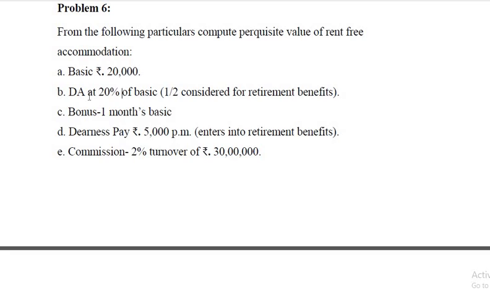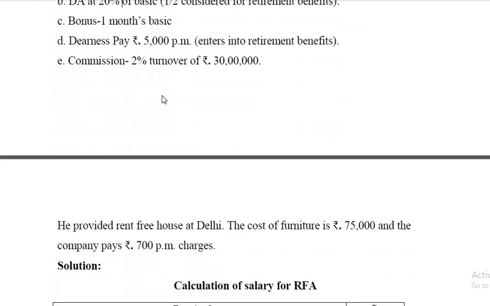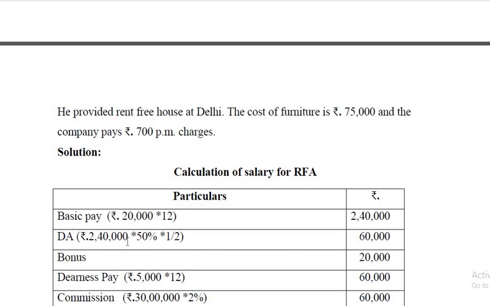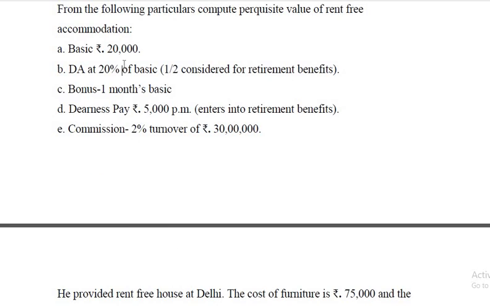So DA 50%, 2,40,000 of that 50% is 1,20,000. Of that half is 60,000. That's true. So it should be 50% here, subject to correction. Here 20,000 per month. Here 50%.